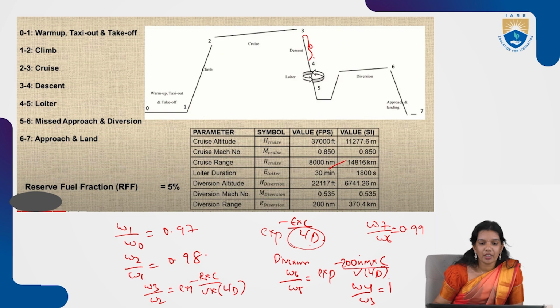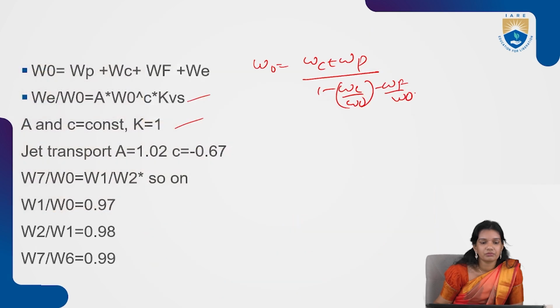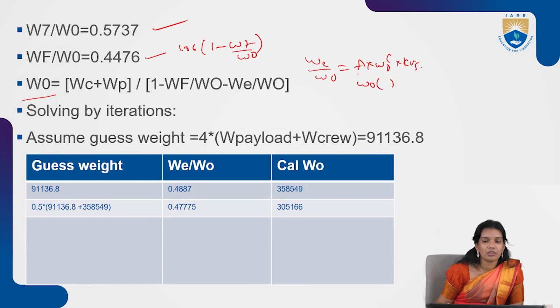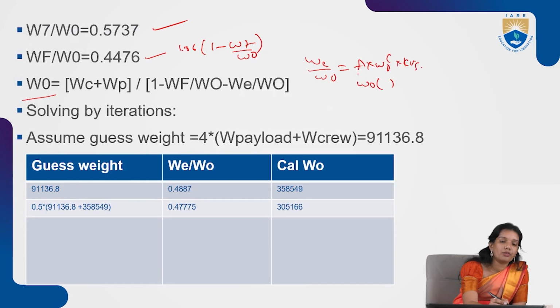So from there we are going to take it, and calculate the value, and my 4 times of it is going to be my initial guess, right? Now for that initial W naught, I'm going to calculate the WE by W naught, right?